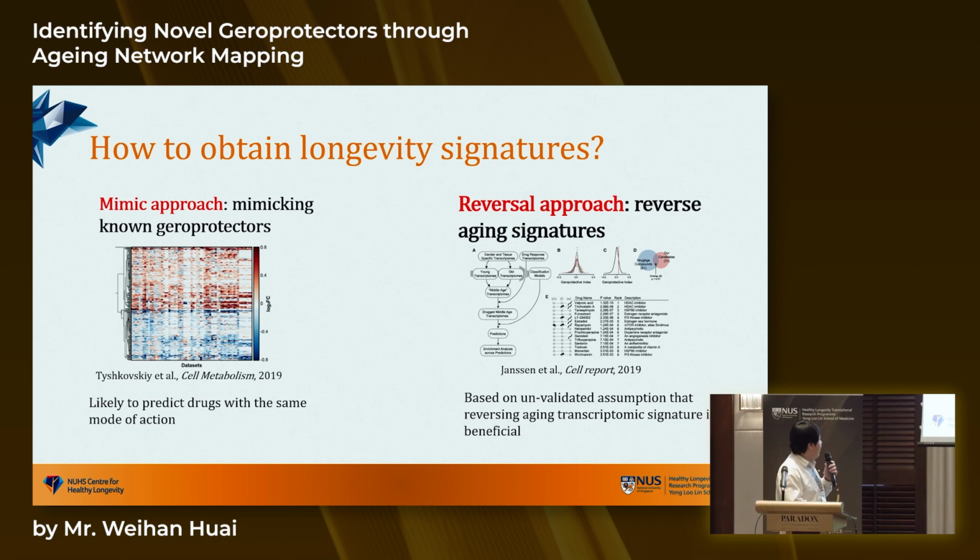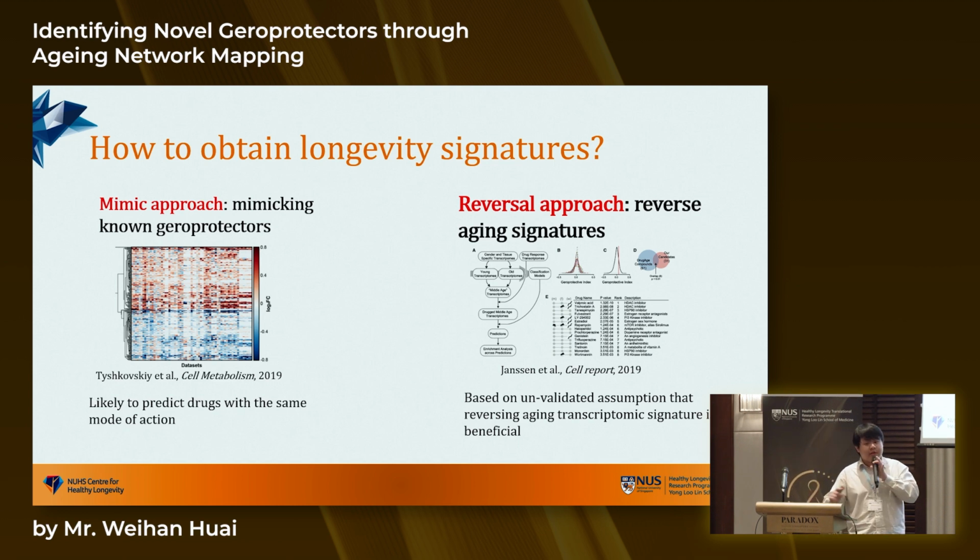This is a really elegant paper from the Gladyshev lab, where they built consensus transcriptomic signatures of many interventions, and then used them to predict drugs that produce a similar transcriptomic profile. But this is likely to predict drugs with a similar mode of action. For example, if my memory is not wrong, in this paper they tested four drugs, and two of them were still mTOR inhibitors.